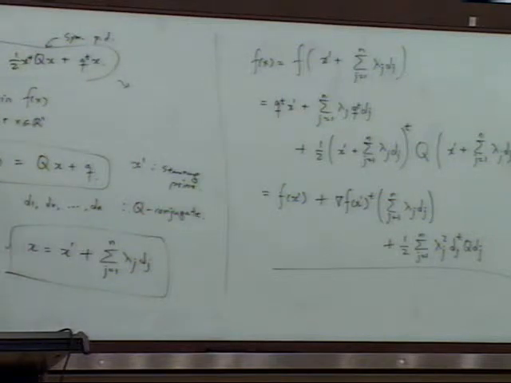If we change your mind from the physical space into the function space, then you are in the n-dimensional space, and the basis vectors of this function space are the Q-conjugate directions.